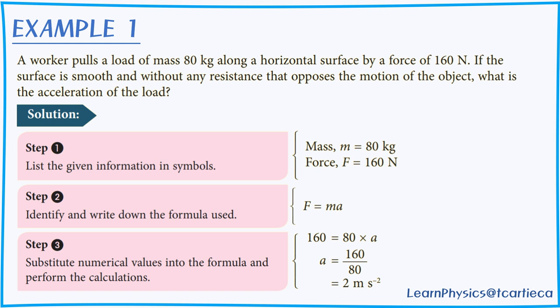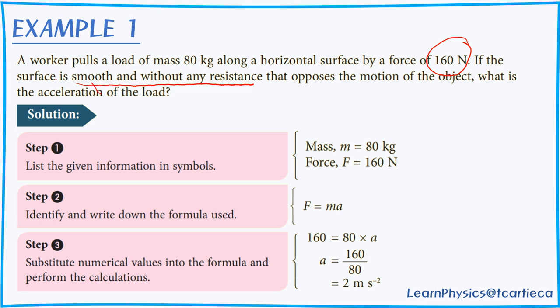A worker pulls a load of mass 80 kg along a horizontal surface by a force of 160 Newton. So we get the force. If the surface is smooth and without any resistance that opposes the motion of the object, okay, kita anggapkan permukaan tu adalah licin. Kita abaikan frictional force, daya geseran, no frictional force.